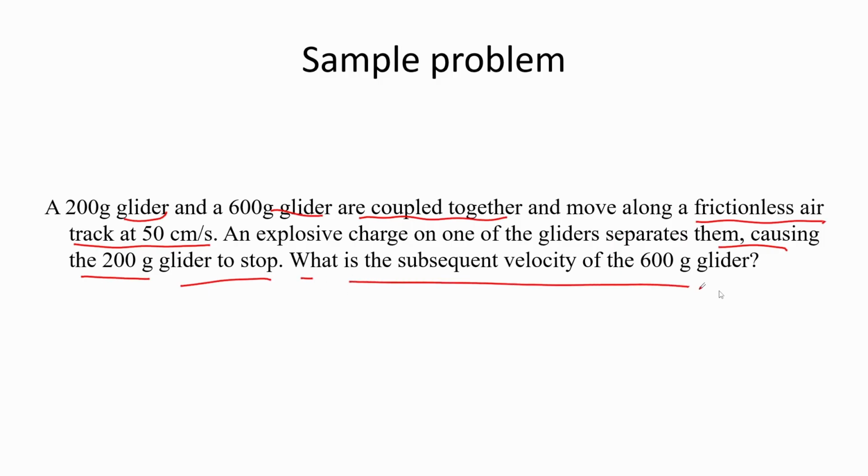What is the subsequent velocity of the 600-gram glider? Okay, so nagtapot sila una, na-explosion, nagbulag silang duha, to the point na ang 200-gram glider, after explosion, is stop siya. So, final velocity niya should be 0. Ang pangutana, what is the final velocity sa imuhang 600-gram glider?